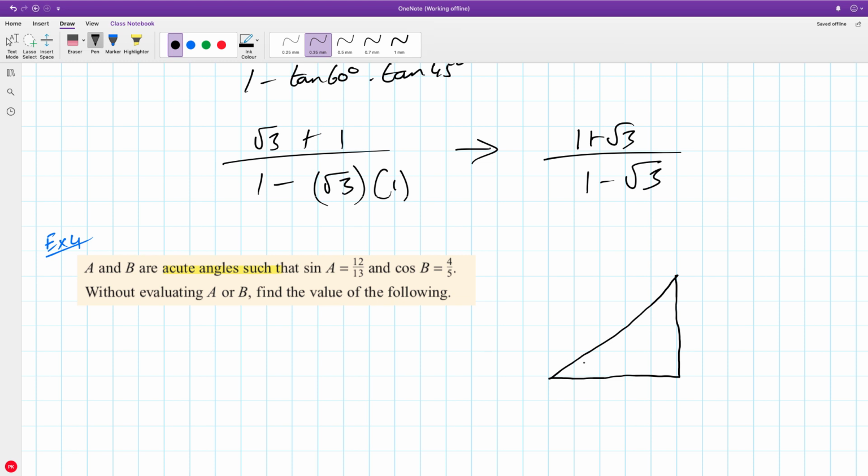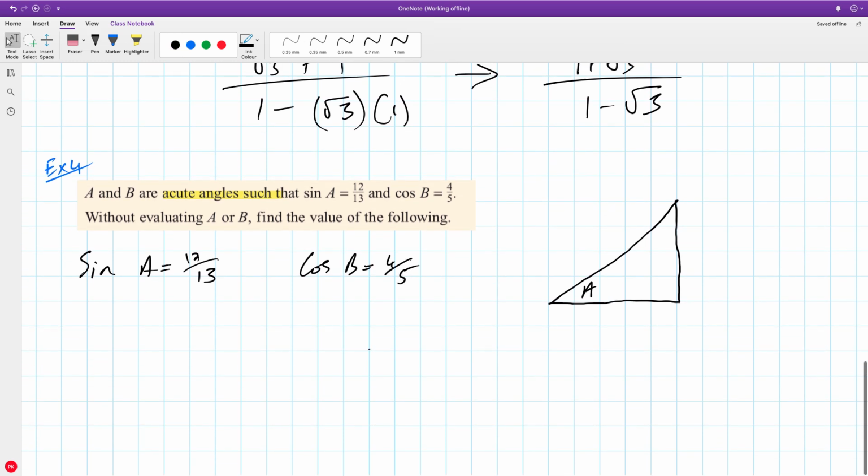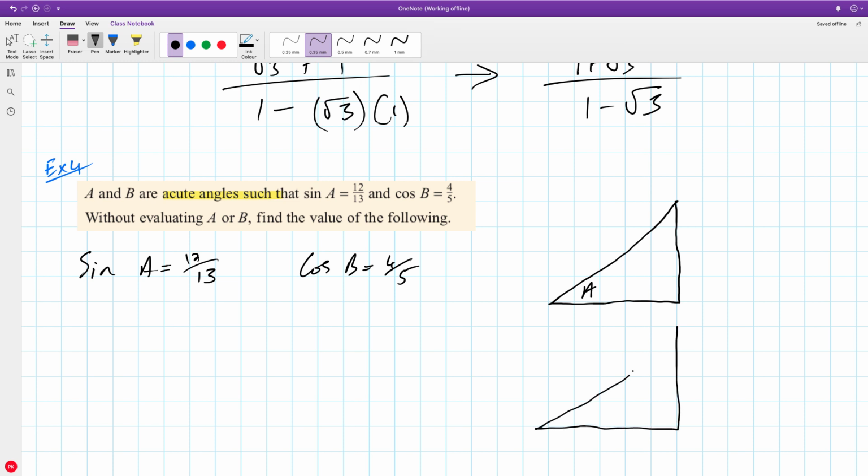So, there's our A, and the sine of A is equal to 12 over 13. Cos of B is equal to 4 over 5. So, with this one up here, the sine of A is 12 over 13.